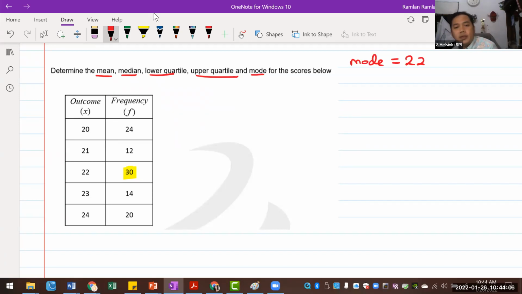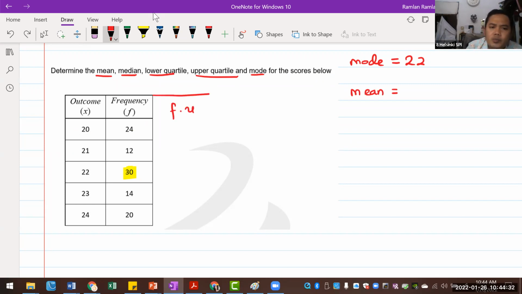Okay, so the next ones are the mean, median, lower quartile, and upper quartile. Let's start with the mean first. When we want to find out the mean, we need to add another column to this table. We name it F times X. What is that? It is actually the multiplication of these two numbers.